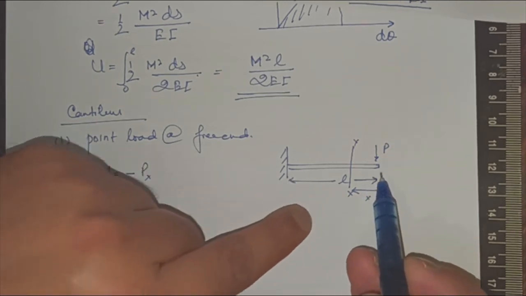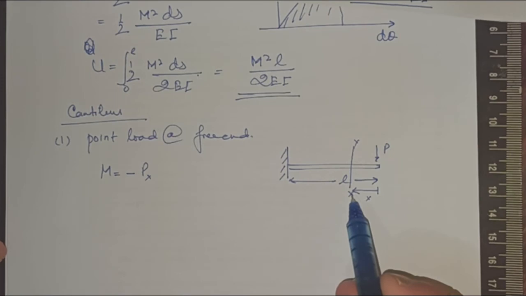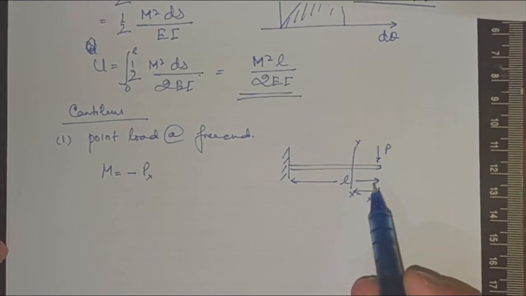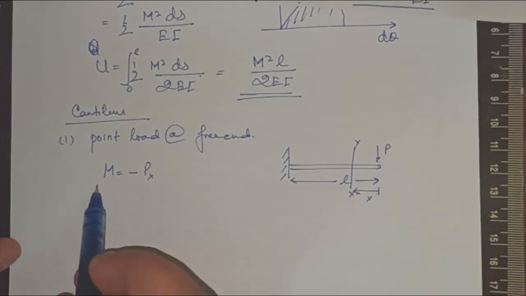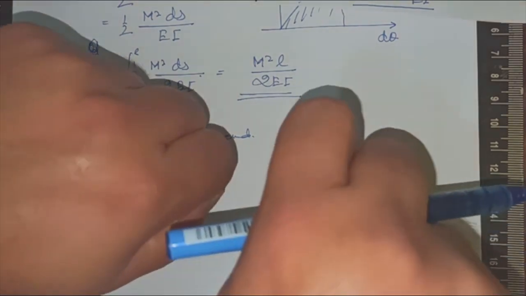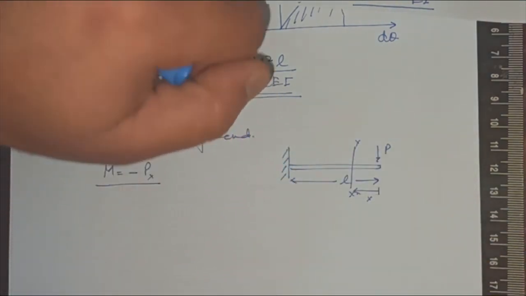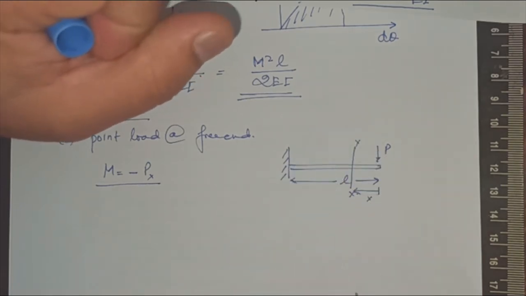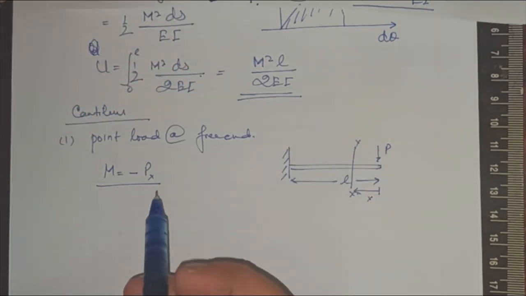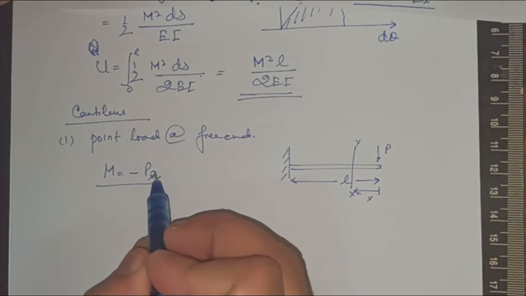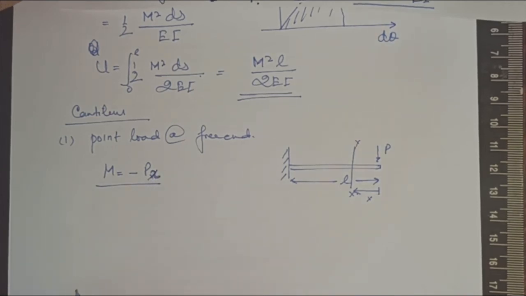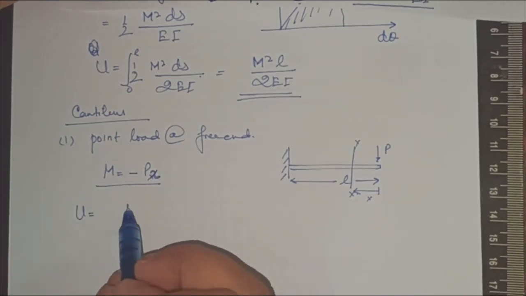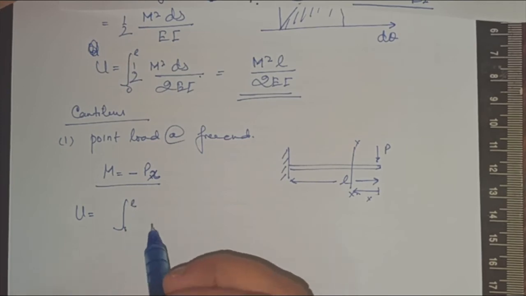Why minus? Because it is rotating my beam clockwise, and we take anti-clockwise moments as positive. So my U will be the integral from 0 to L.